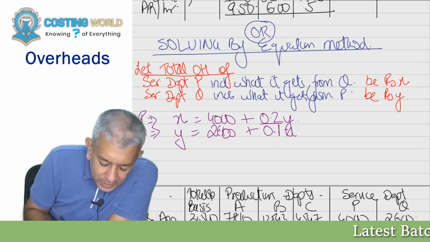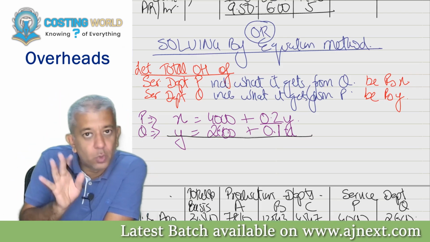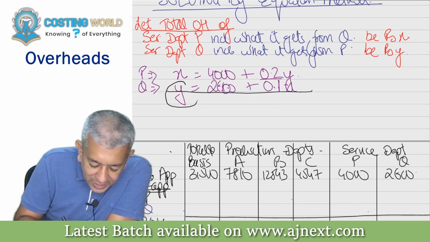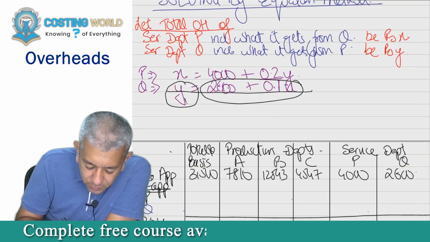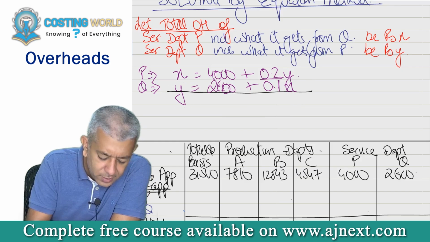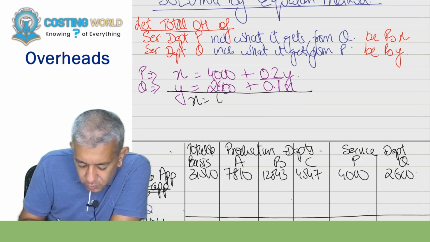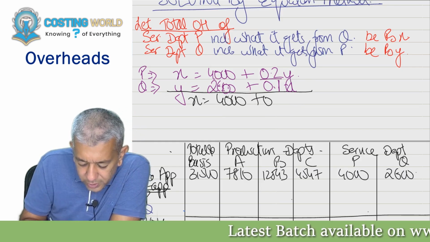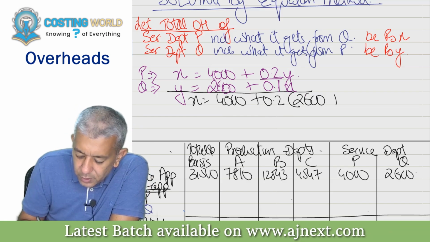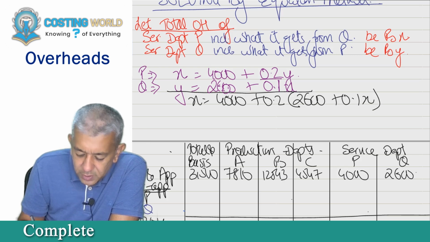Now we are solving it, and to solve, please, no extraordinary math skills you require. Y's value is this. Put this value of y over here, you will get the value of x. That's it. So therefore, x is equal to 4000 plus 0.2, instead of y, I am writing the second equation, 2600 plus 0.1x.